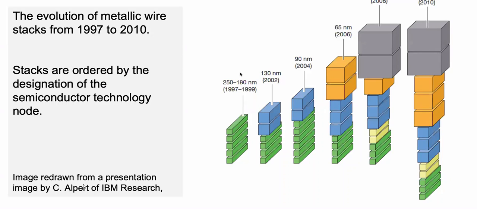I took this interconnect sketch from a recent IBM slide presentation, and this was a 5 metallization layer design. In 2002, we switched to 6, and they have the blue global interconnect. In 2004, we have 8 interconnect layers. In 2006, it was 9 layers.